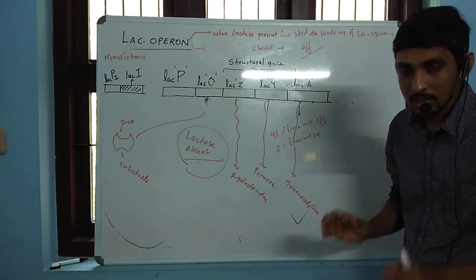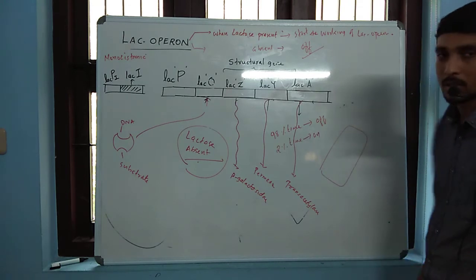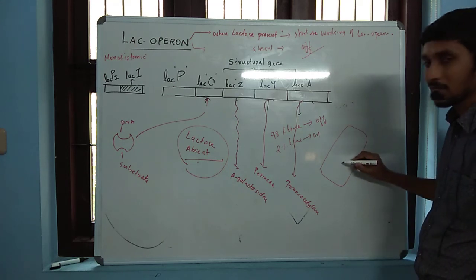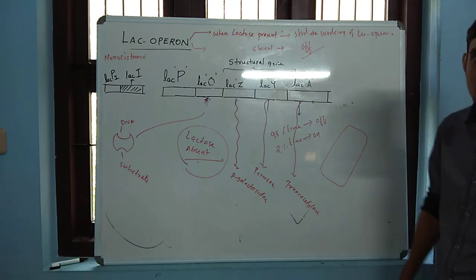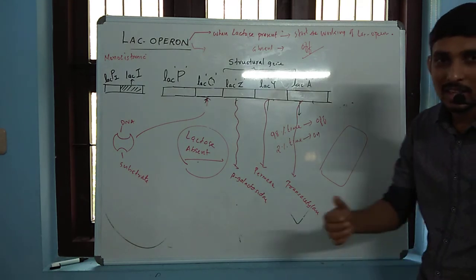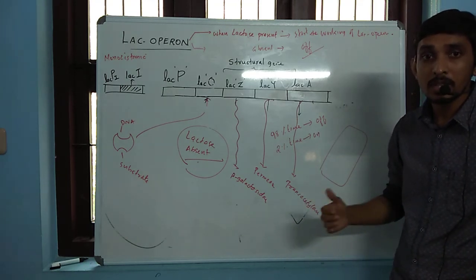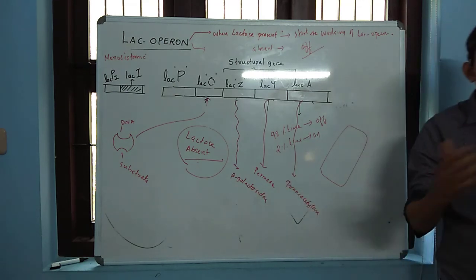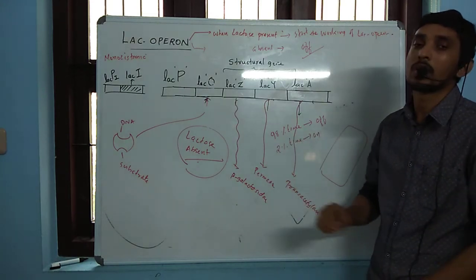So we must understand that when lactose is absent, lac operon containing bacteria produces a very small amount of these enzymes. But 2% of the time is a negligible time, whereas 98% of the time is the major time. That is why we neglect the 2% of the time, and that is why we say that when lactose is absent, the operon is off.